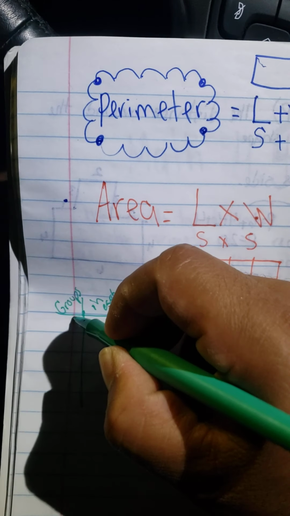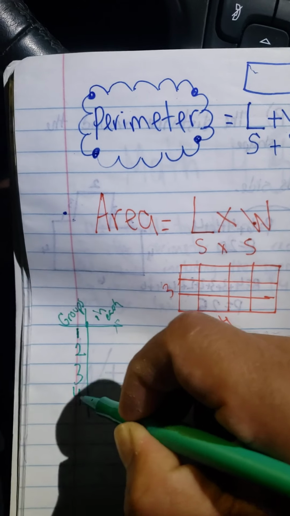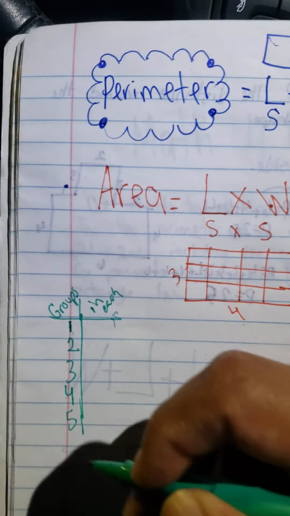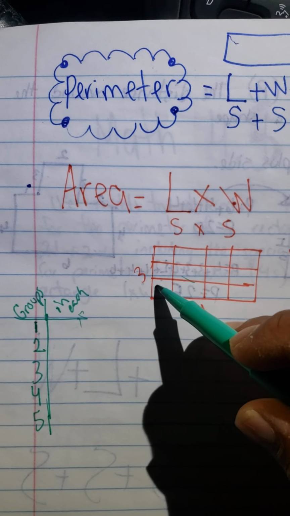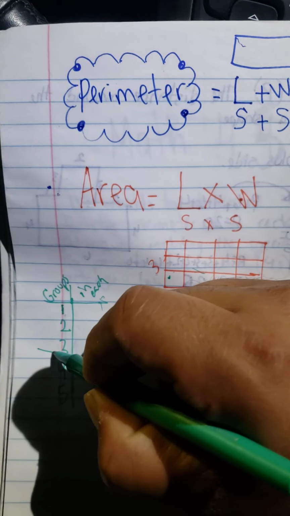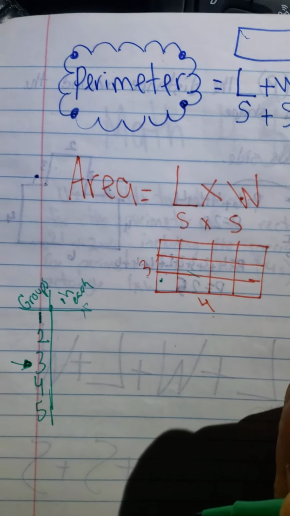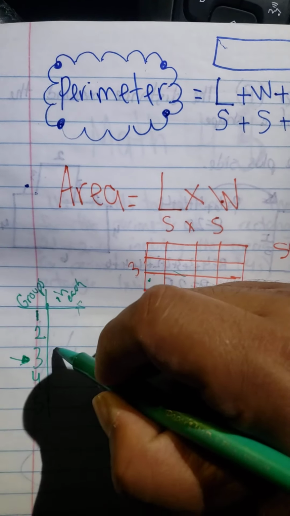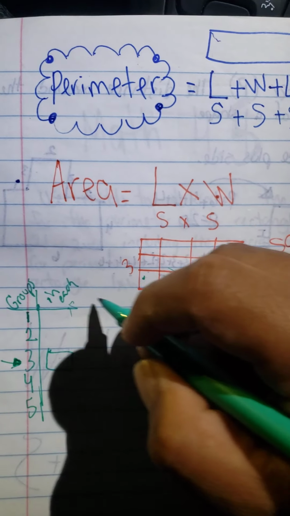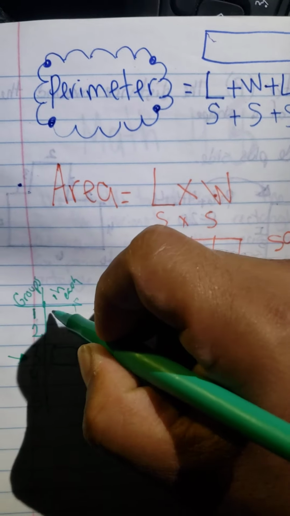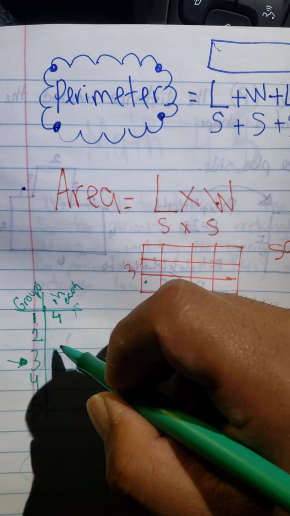So we're going to write 1, 2, 3, 4, 5, just to get into the habit of it. But today we only need 3 groups. So 3 groups. I'm going to put a little arrow right there because that's how many groups I need. And so my answer is going to be on the opposite side. One group has four boxes. And all we're doing is repeated addition.